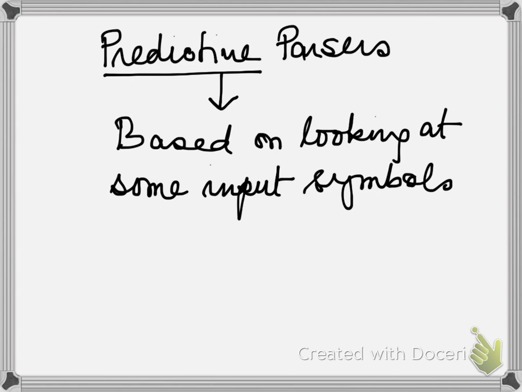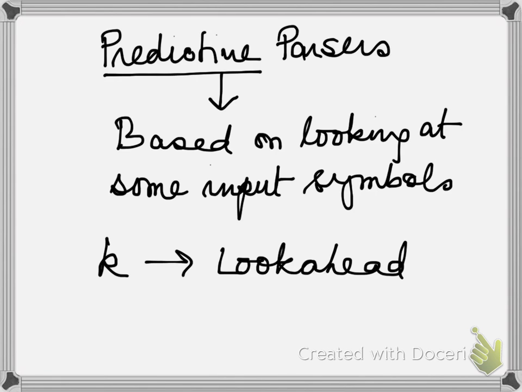If you look at k input symbols, this is known as k lookahead. Usually in most programming languages, if you use just the next symbol, one single lookahead symbol, that is good enough.